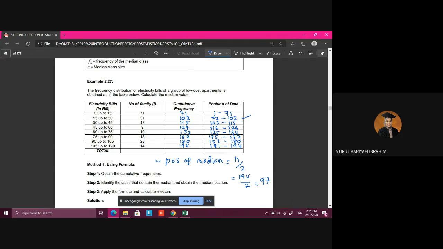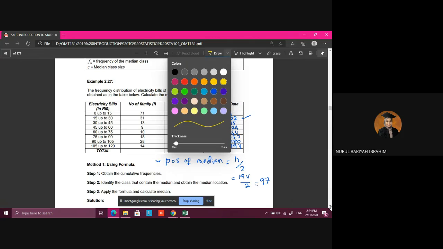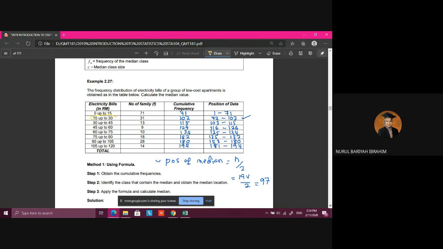So we can say that the second class contains our median. But what is the median? We want to find the median of the electricity bills.